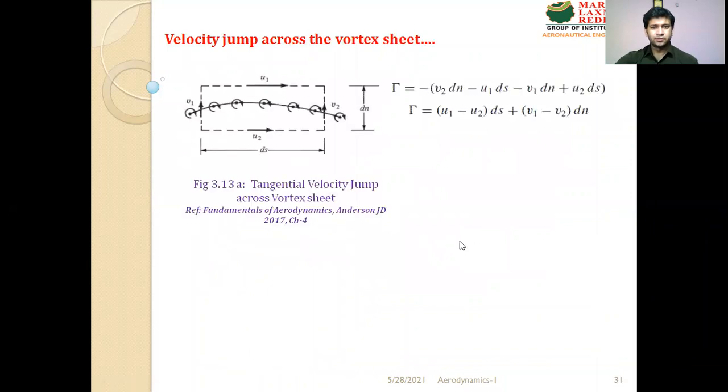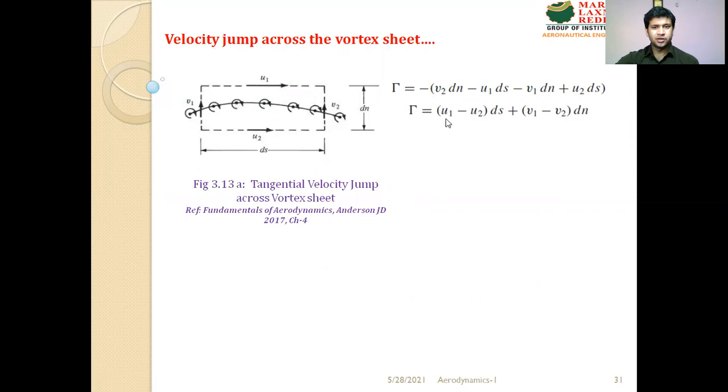So from this figure, the circulation is given by coming in this direction, minus v2 dn minus u1 ds minus v1 dn plus u2 ds, because this is in the same direction. When we are taking in this direction, anti-clockwise direction, it is different. It is the opposite sign.